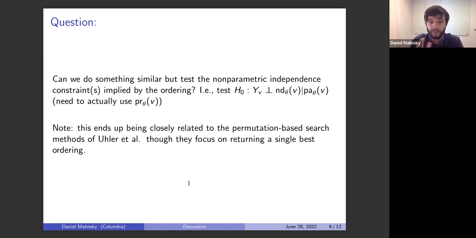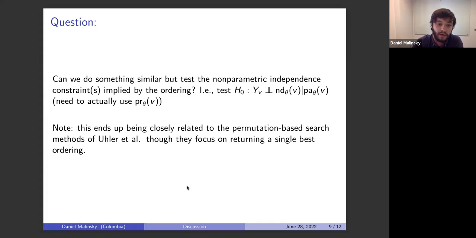It's a bit tricky here because you don't necessarily know how to distinguish between non-descendants and things that are just lesser or greater in the ordering. So something more tricky would have to be done here, but something in this general space of testing the global Markov property or things implied by the global Markov property, I think would be quite interesting.